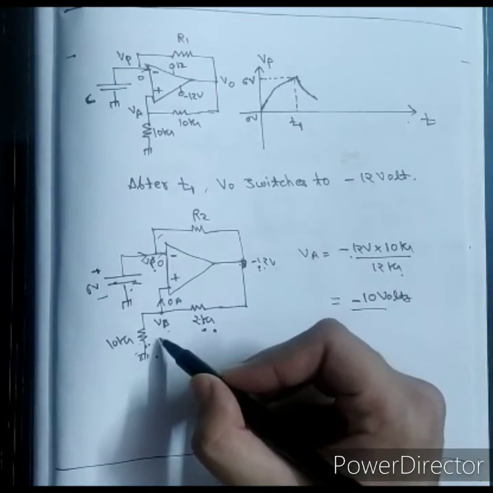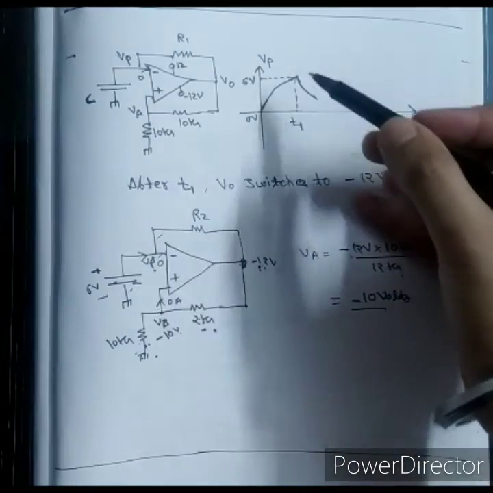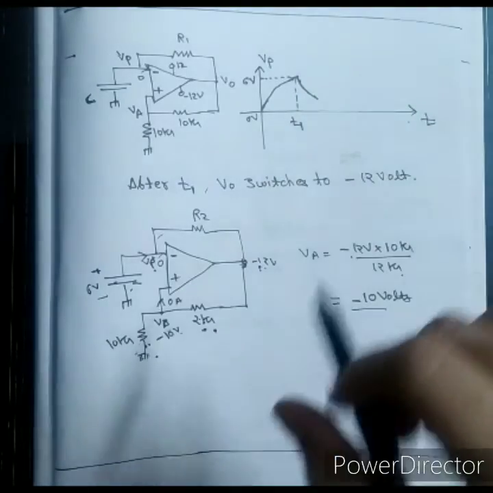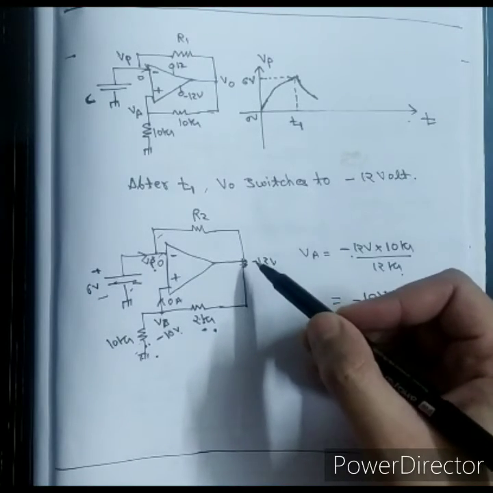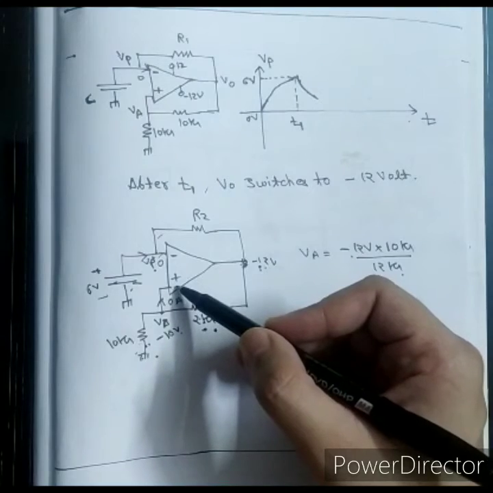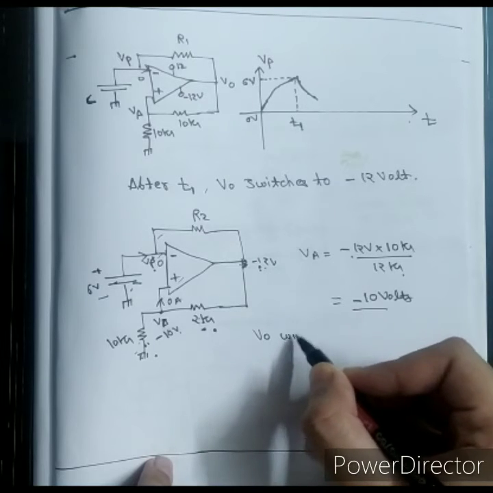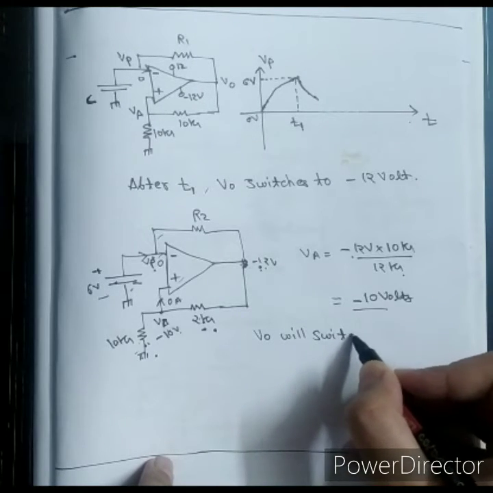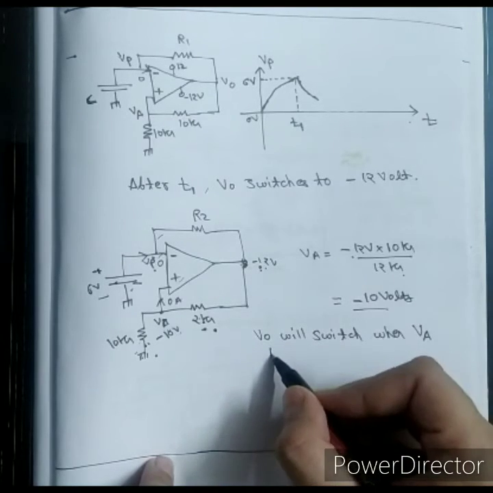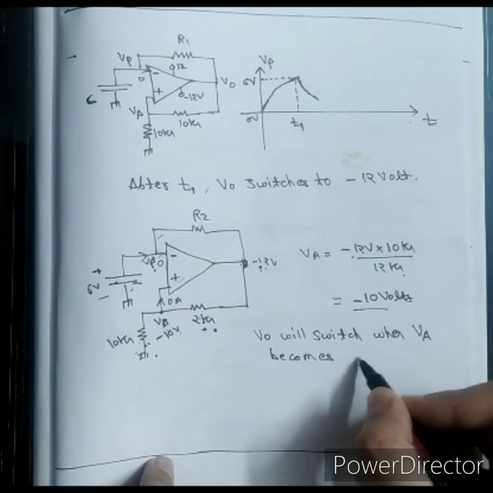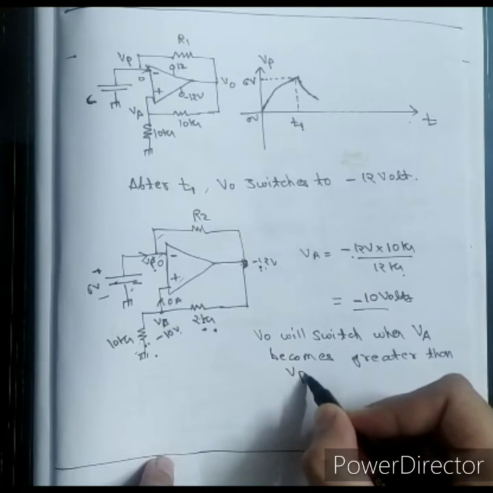Now see, this potential is at minus 10 volts and this potential is continuously decreasing from 6 volt, and it is decreasing exponentially. VO will again switch when my positive terminal is more than the negative terminal, that is, when VA becomes greater than VP, right?